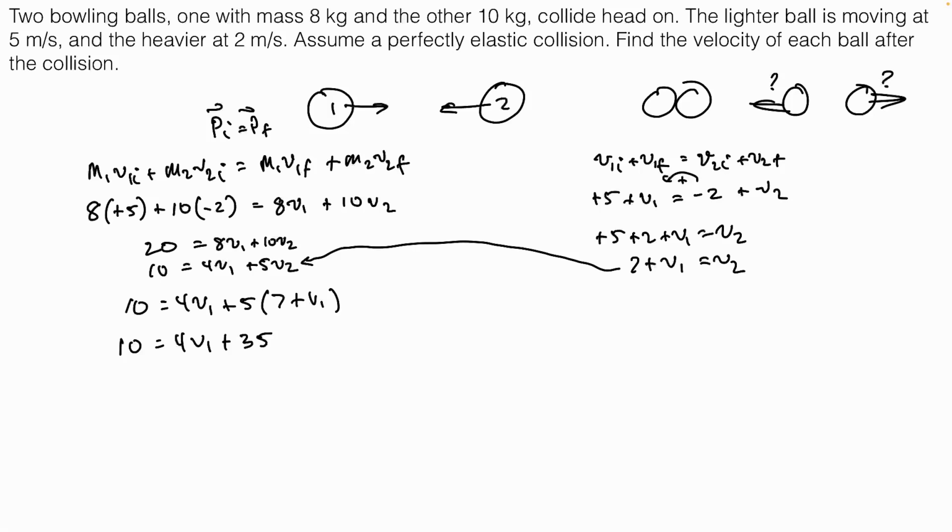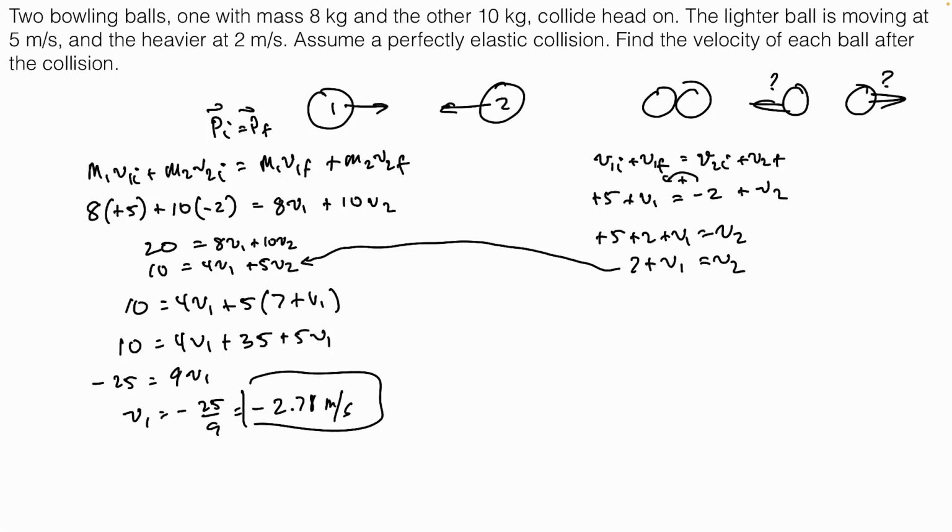Plus 5V1. This is -25 when I move the 35 over, and this is a 9. So V1 is equal to -25 over 9, or -2.78 meters per second.